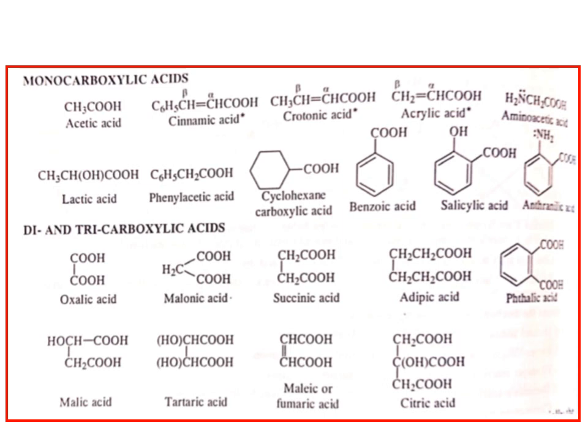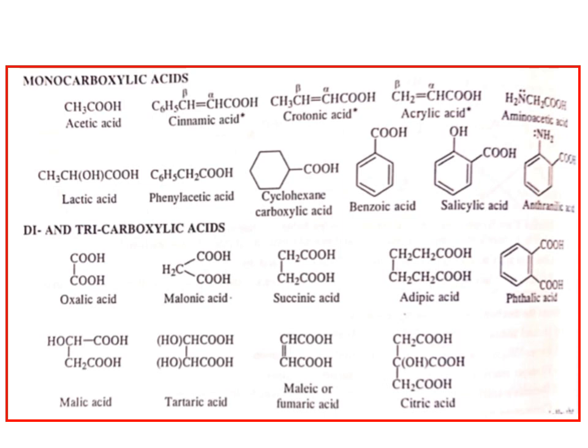Similarly, if the R group attached to the COOH group is an aromatic group, that is a benzene ring, it is aromatic carboxylic acid, and this one is alicyclic carboxylic acid. Similarly, there are many dicarboxylic acids: oxalic, malonic acid, succinic acid, adipic acid, phthalic acid, in which there are two carboxyl groups.